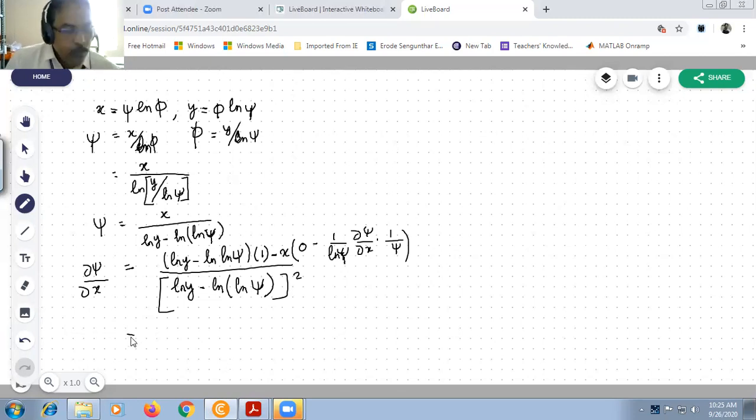So it is equal to ln y minus ln psi. This is what you call x by psi. From this result, it is x by psi.